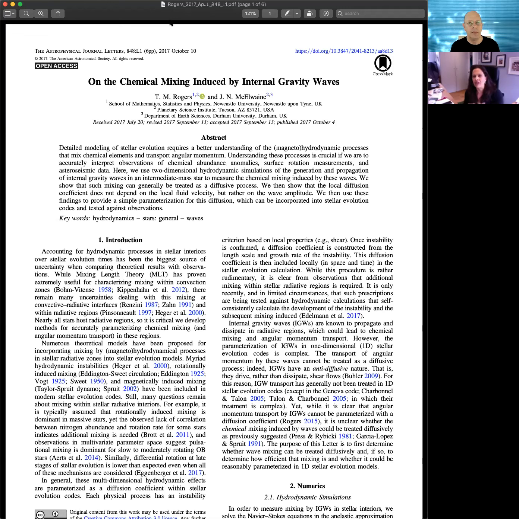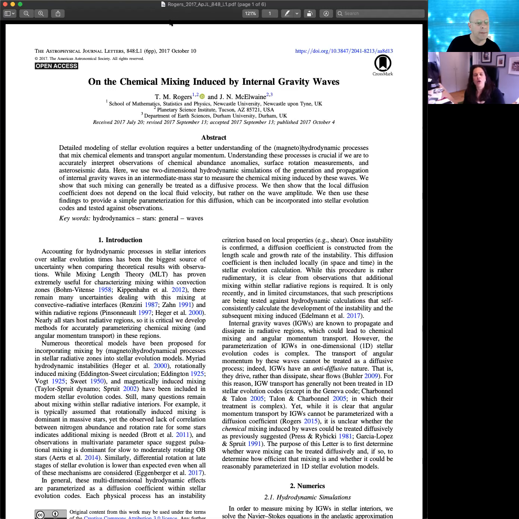I know the Geneva Code does something slightly different, but anyway. Right. But internal gravity waves are very strange in that they really cannot be treated as a diffusive process, at least in terms of angular momentum transport. And that's known from the atmospheric science community, from lots of research. That just can't be done.